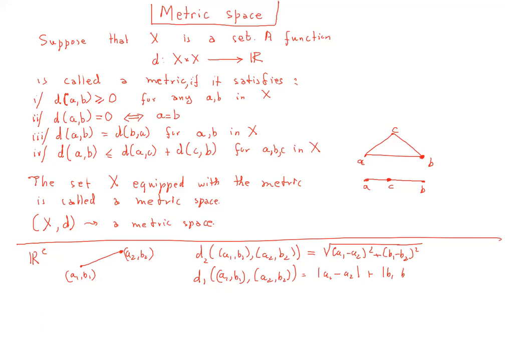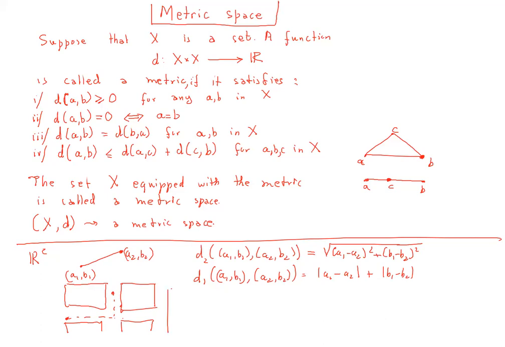So here, what we do is, if we want to go from this point to that point, we go like this, as if we were in a city that had blocks, and we had to proceed in such a way. That's why this is called the cab driver metric. And of course, there are many different metrics that one could mention.